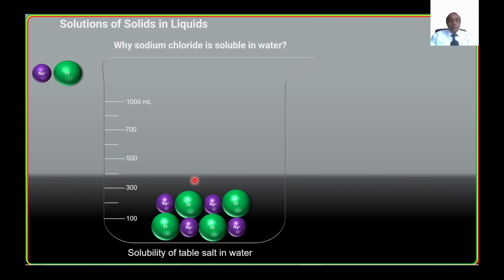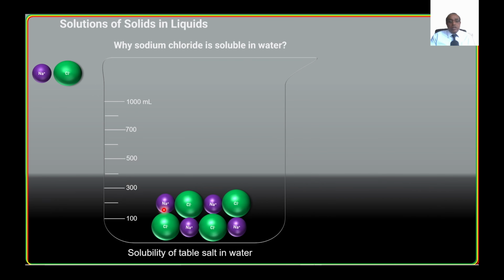So let's assume that we have sodium chloride in a beaker, this imaginary beaker. Let's consider the surface of this sodium chloride solid. In the solid state, the sodium ions are interacting with chloride ions, and the chloride ions are interacting with sodium ions.